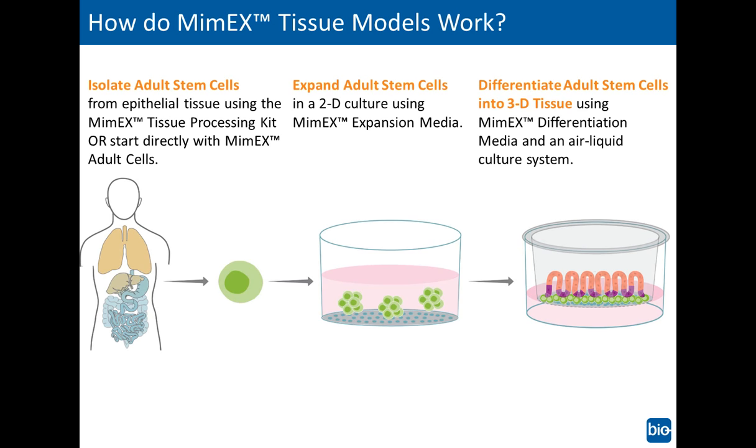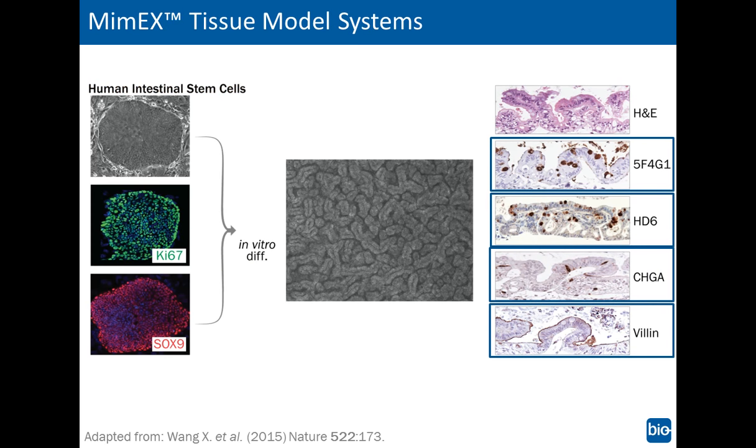And you proceed to a two-dimensional culture system where you can expand these stem cells in clones, and they can be propagated and expanded, frozen down. You can perform experiments on the stem cells themselves. You can do gene editing. And from this point, you can then go back to your tissue of interest and differentiate the stem cells into 3D tissue using a specialized differentiating media and an air-liquid culture system.